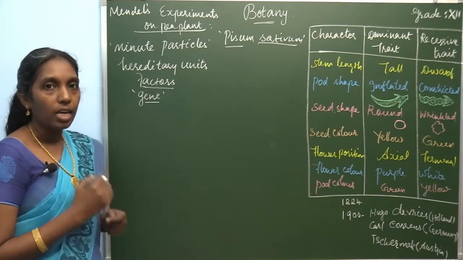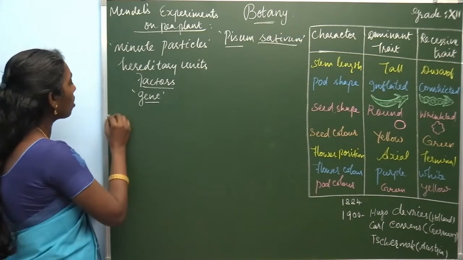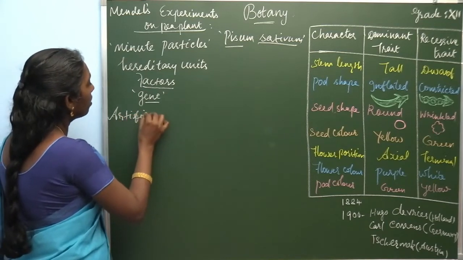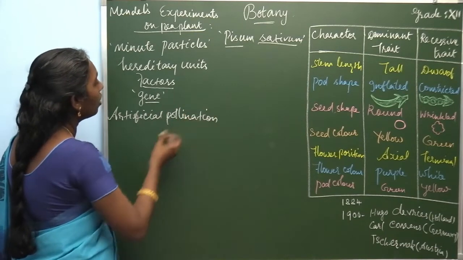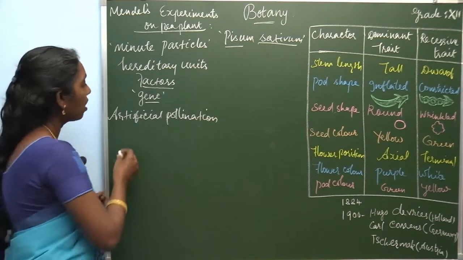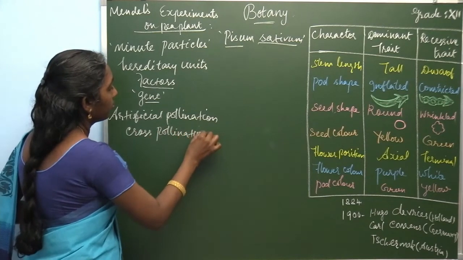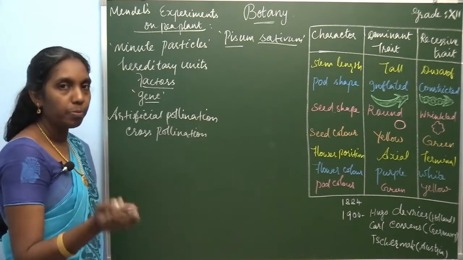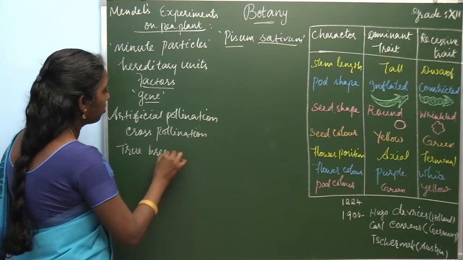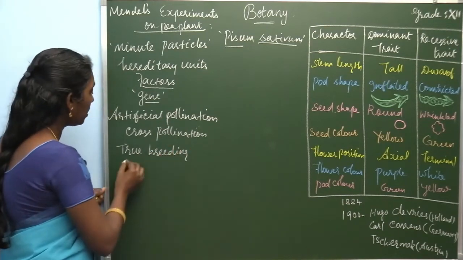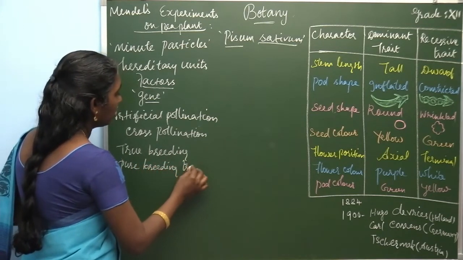In his experiments he used artificial pollination, which is called cross pollination, with true breeding plants, or pure breeding traits, also called pure breeding trait strains.